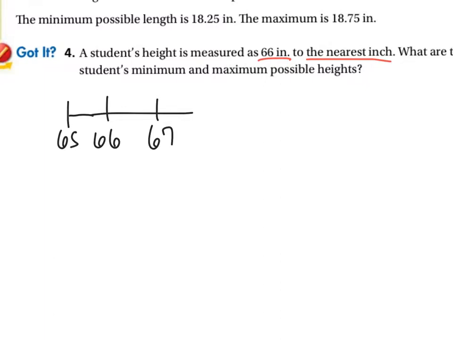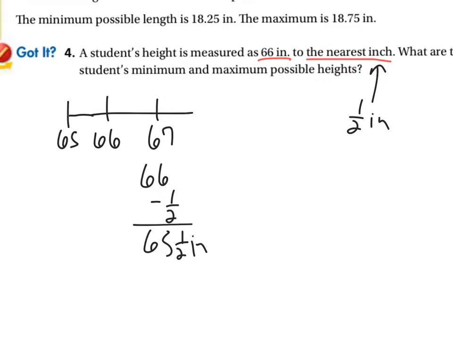So if we're going to the nearest inch, the most we could be off would be half an inch. So one possibility is that we overestimated the height, we rounded it up. So if we take a half inch off of 66, it'd be 65.5 inches. That'd be the minimum.